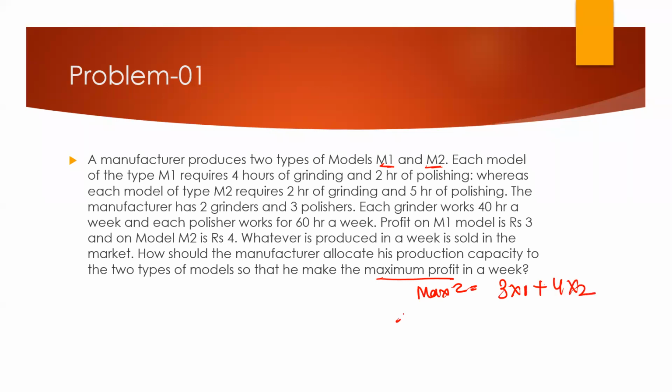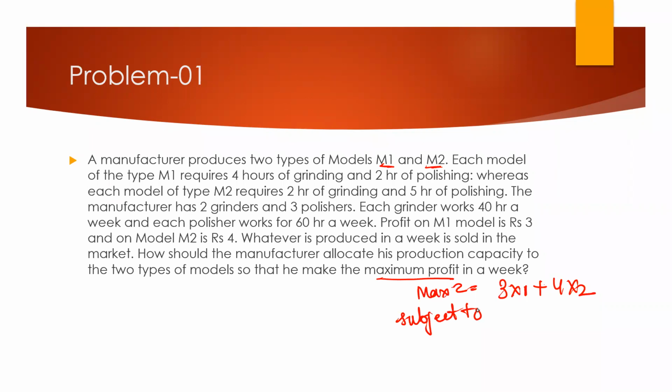We did that subject to constraints. So this is your objective function, where x1 and x2 are your decision variables. x1 is the number of units of model M1 manufactured per week, and x2 is the number of units of model M2 manufactured per week.